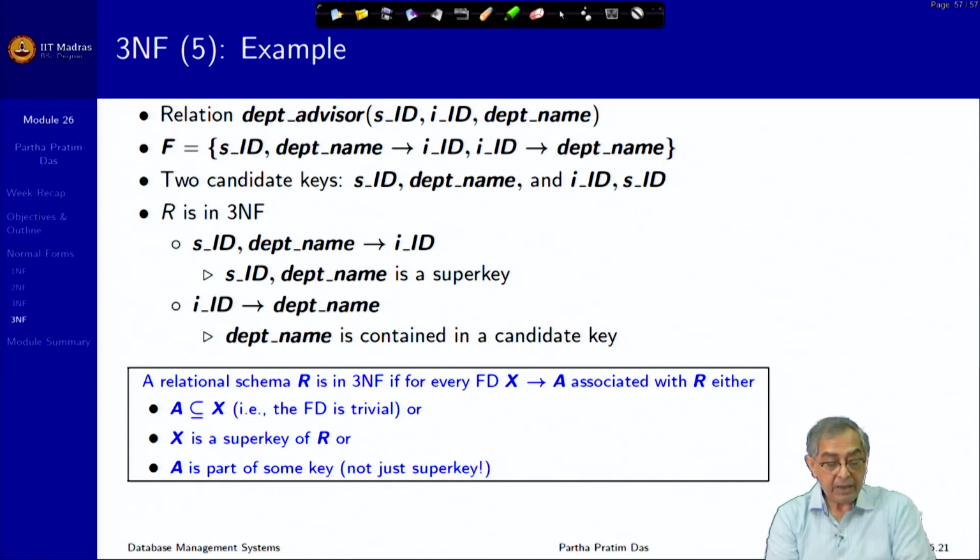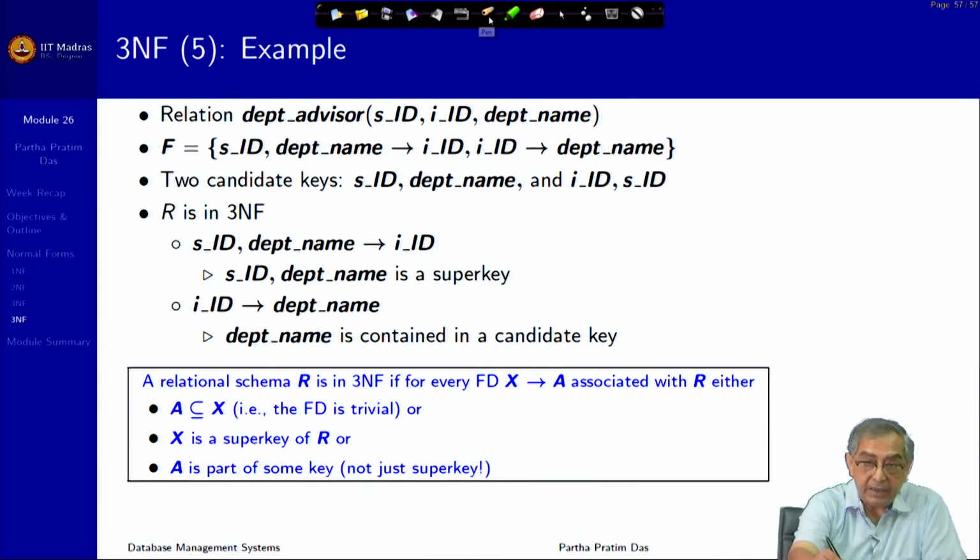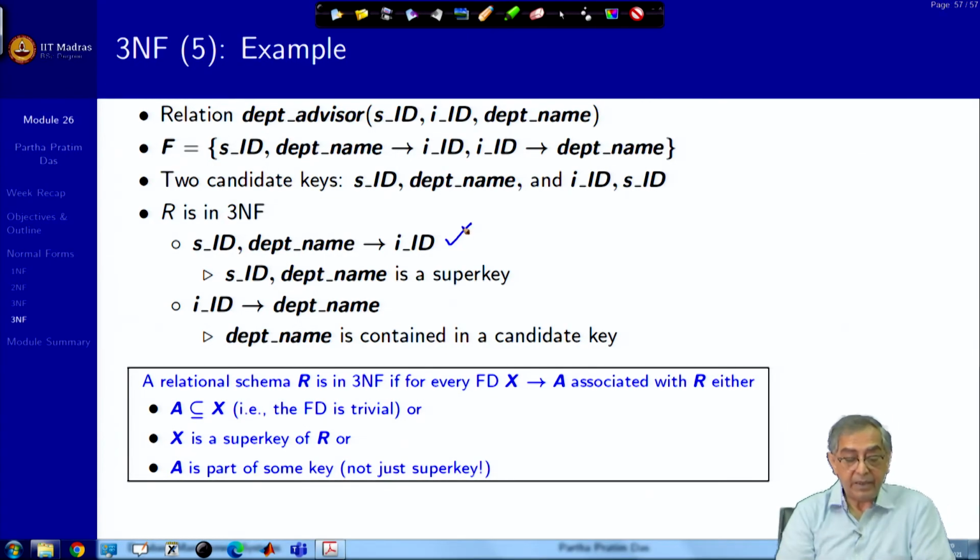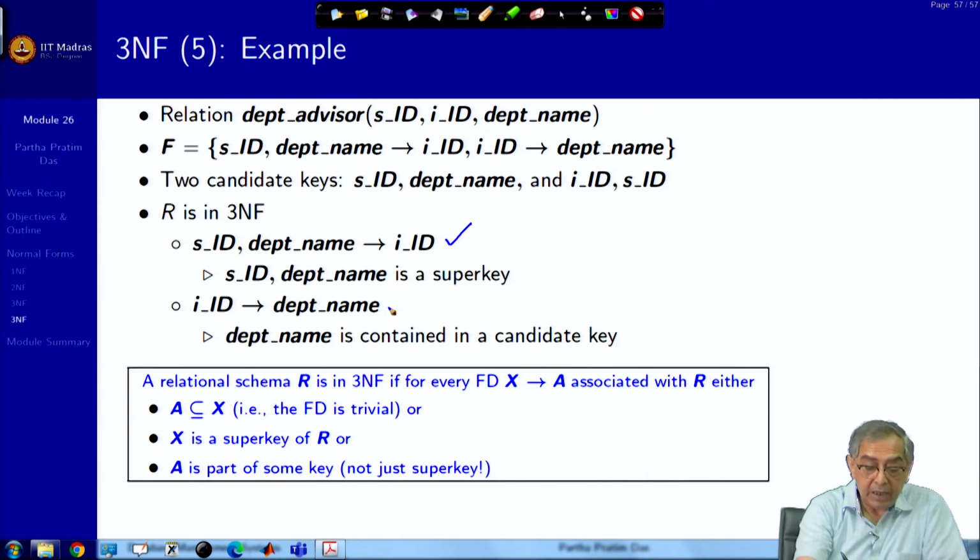Now, is this relation in 3NF? Let us check the dependencies. SID department name decides IID. So, SID department name is a super key, no problem. So, this is fine.